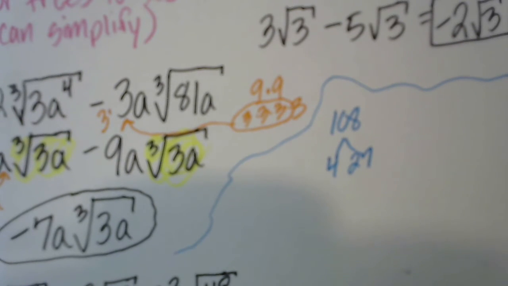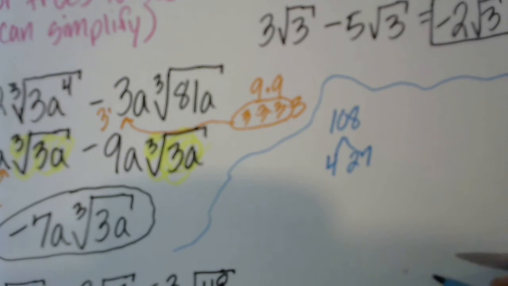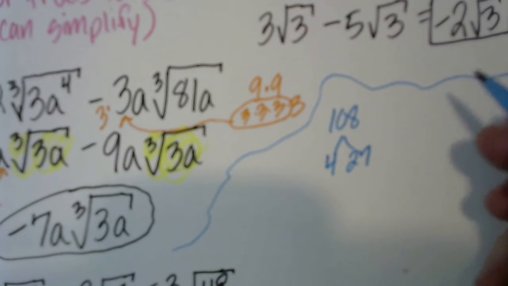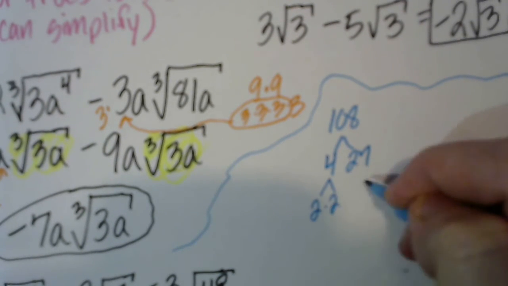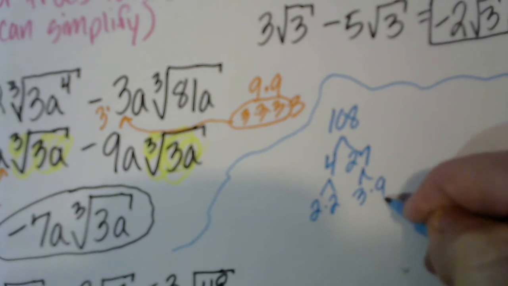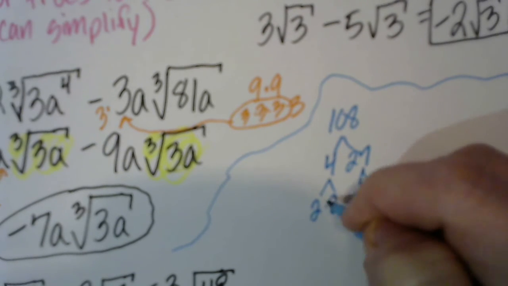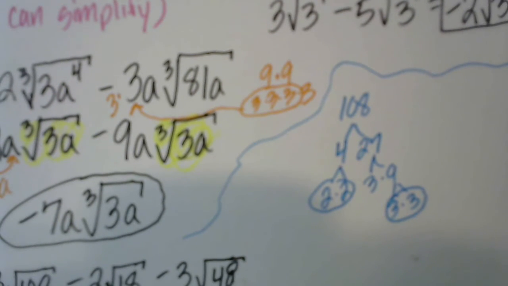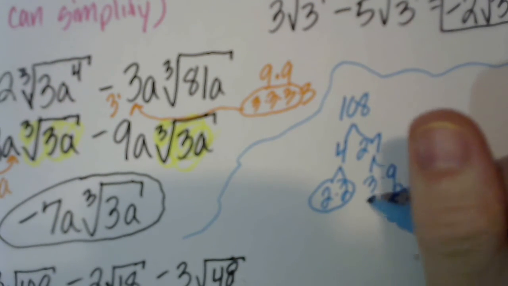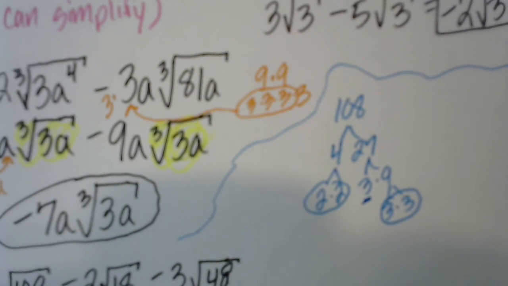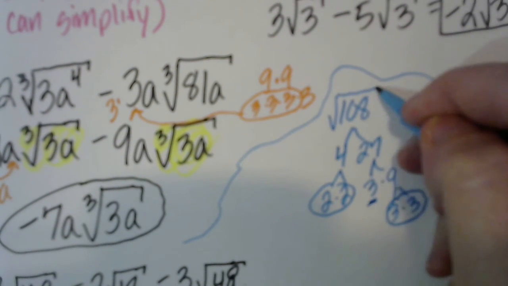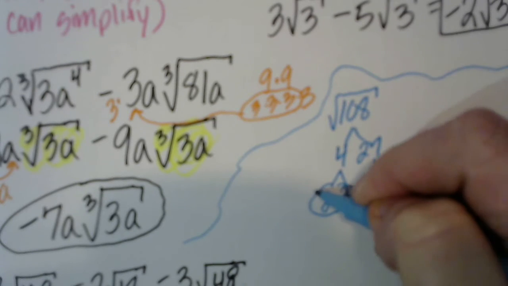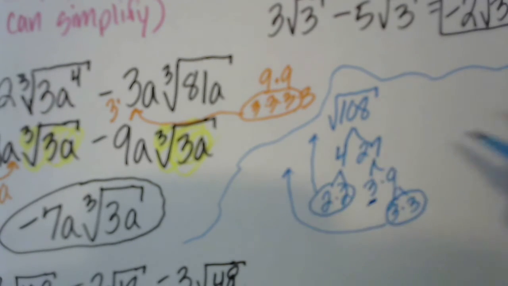You can definitely start with 2 and 54 if you want. This is going to be 2 times 2, 3 times 9, and 3 times 3. So I can see a group of 2's and a group of 3's. This is all that's left by itself under the radical. So I know that the 2 can come out and this 3 can come out.